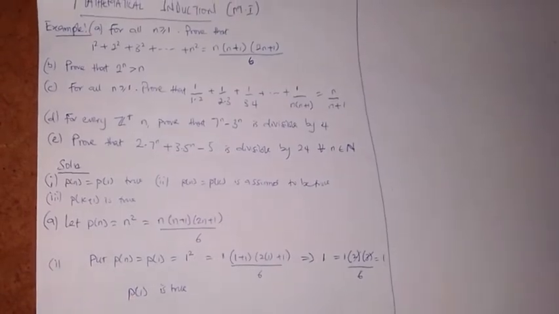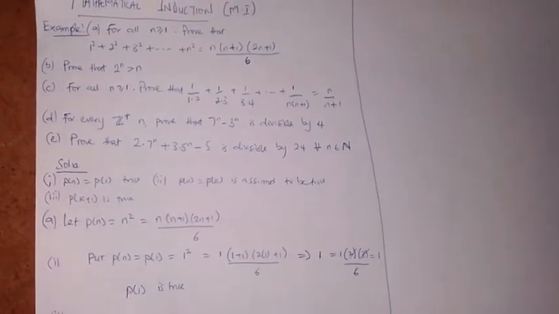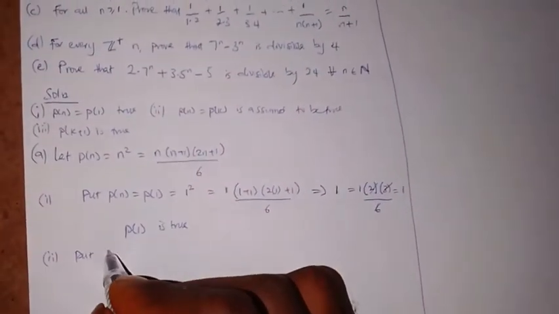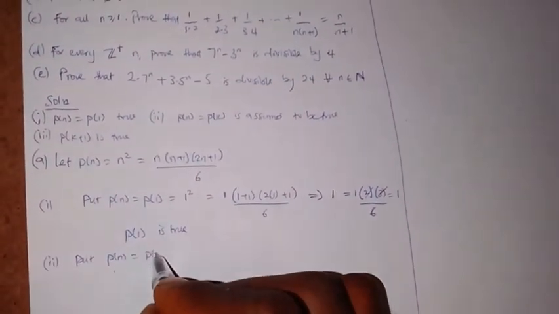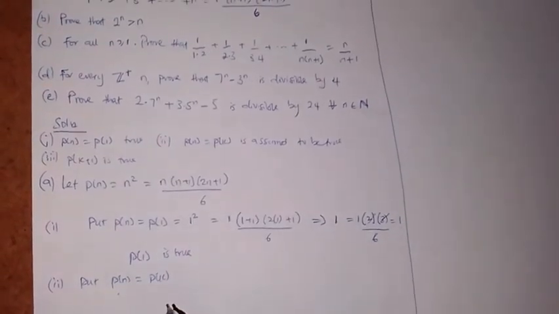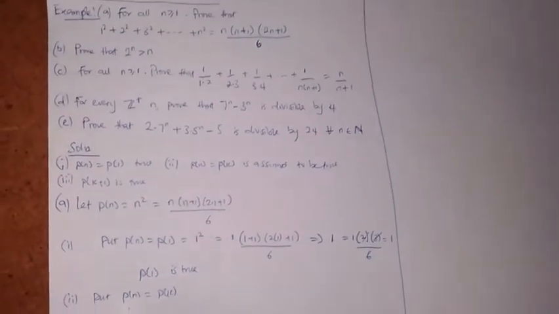Okay, so for the second case now, put P of n to be P of k. Put our P of n to be equal to P of k, which now means whenever you see n, you put k in this series. So let's start from the beginning again.